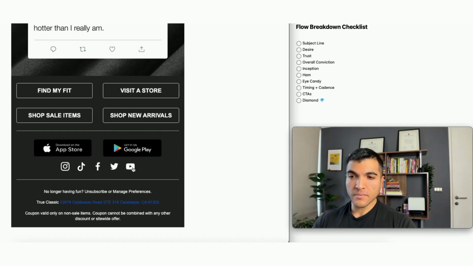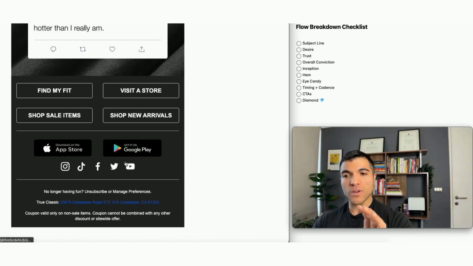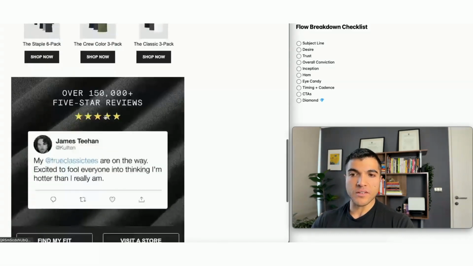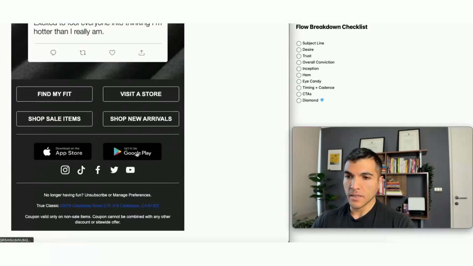All of this, you can get rid of all of this. In Klaviyo you can see how much the email weighs. This adds unnecessarily too much weight to an email, and you don't need this on an email of this kind. You want people to actually purchase, you don't want to push them back to other places. So this is just hurting in many ways.